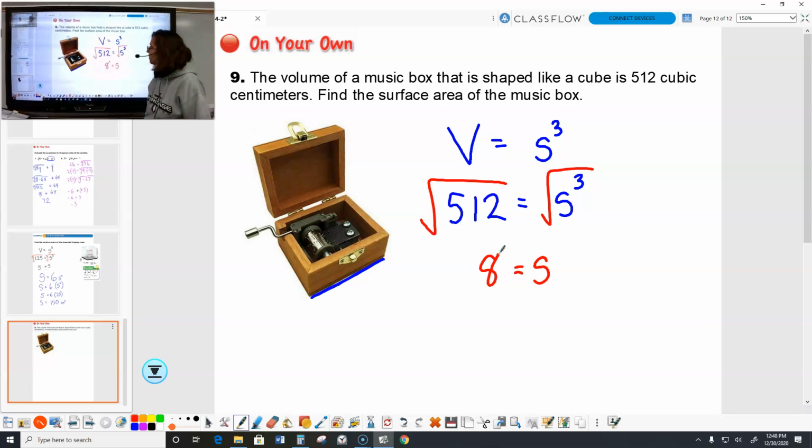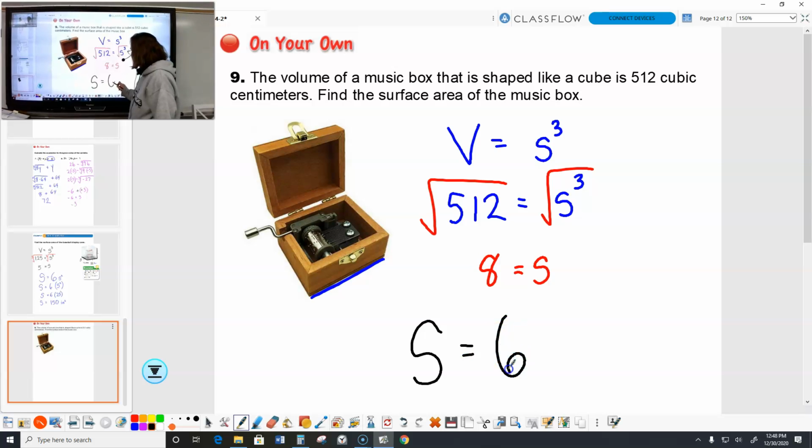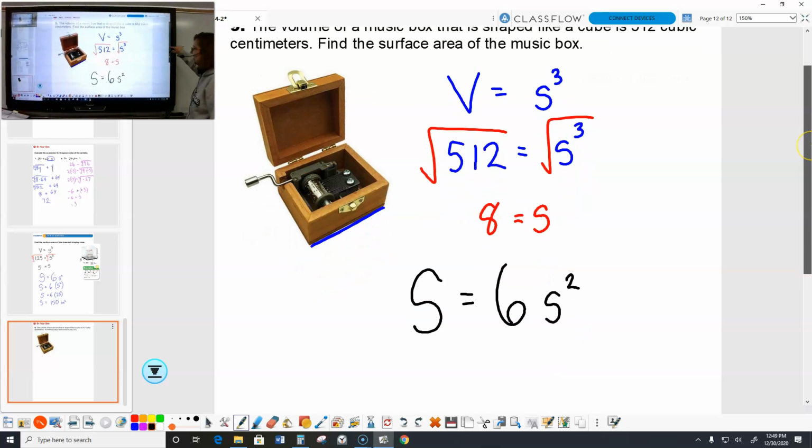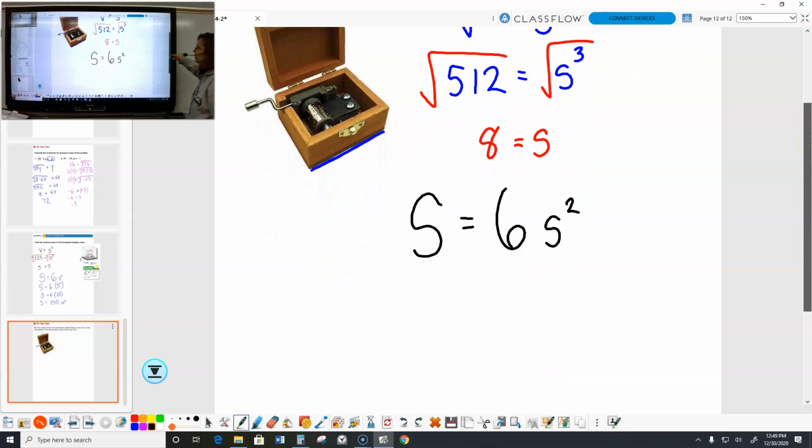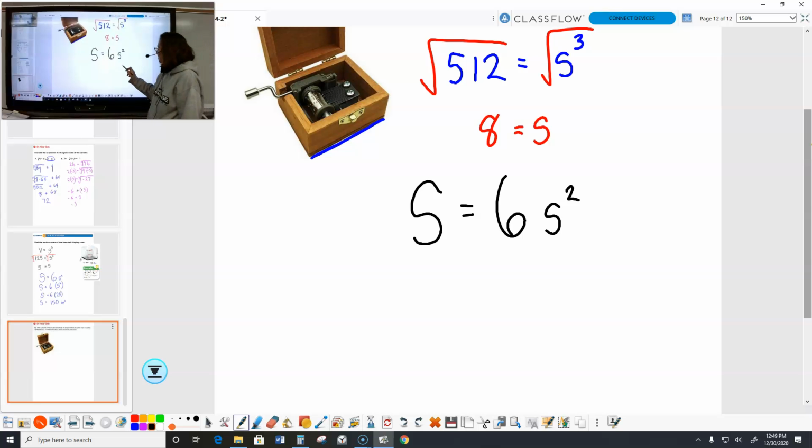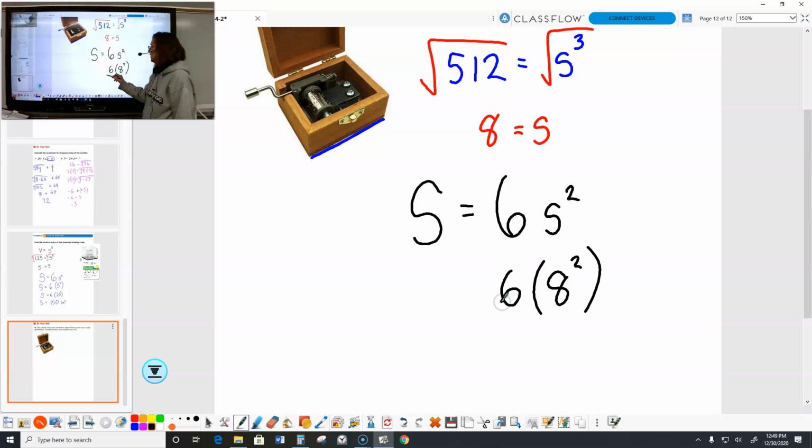That was a different formula, right? The surface area of a cube is equal to 6 times a side squared. Now I know that a side, in this example, is 8. So I'm going to replace the side with an 8. So I'm going to say 8 squared, and then I'll multiply that by the 6. That will give me my surface area.